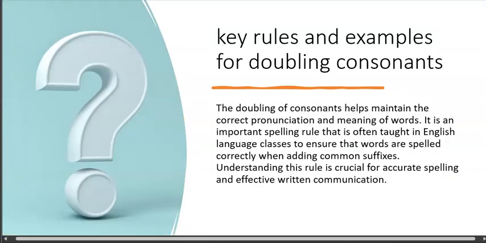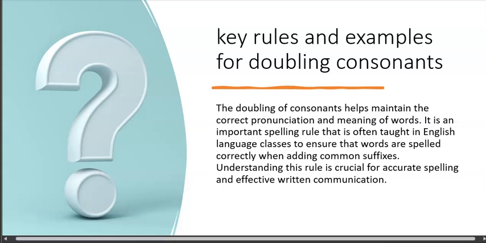All you have to know about this doubling of consonants is that it helps maintain the correct pronunciation and meaning of the word. It is an important spelling rule that is often taught in the English language class to ensure that words are spelled correctly. When adding common suffixes, understanding this rule is very crucial.